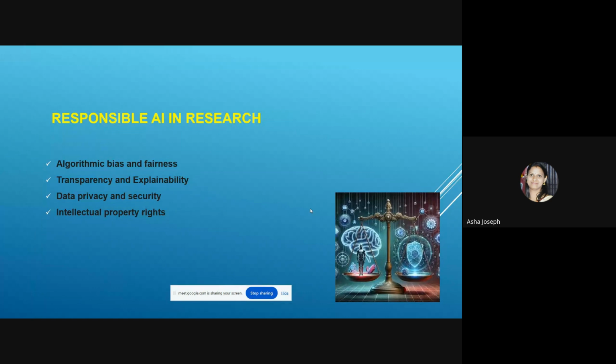Suppose one of my research scholars is doing research on diabetic retinopathy. The very first question I asked him was, how are you expecting to get the data set, especially for diabetic retinopathy? Because he is doing research by analyzing images of the retina.